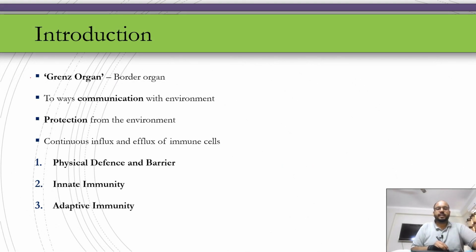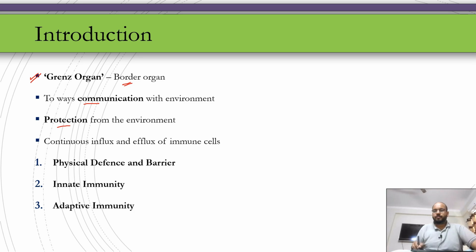Skin is known as Grenz organ. Grenz means border. I think it's German. Now, skin is responsible for communication with the environment. It communicates with the outside world. And it is also responsible for protection from the environment, so it protects from environmental insults.